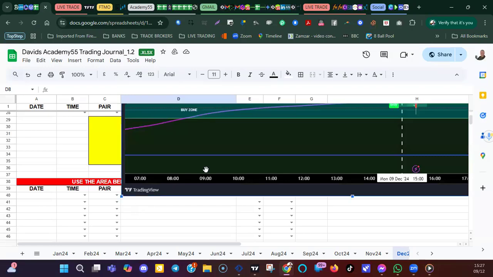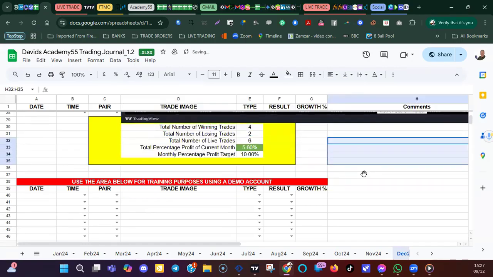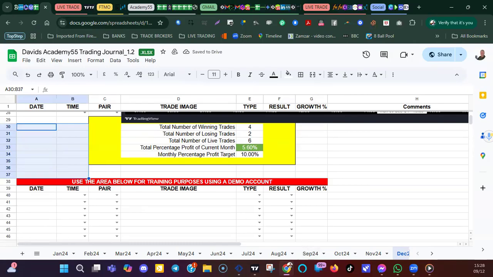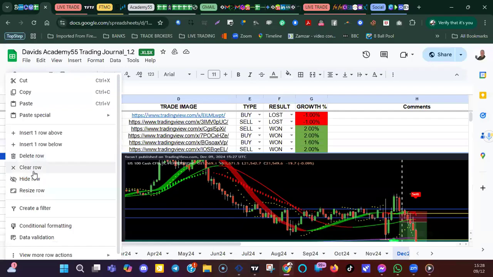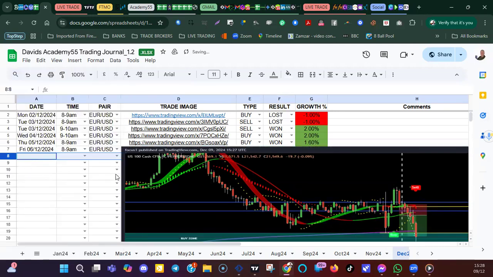Oh dear. So how do I get rid of that? Oh, I know what I'll do. Delete row. Can't. Didn't make any difference.